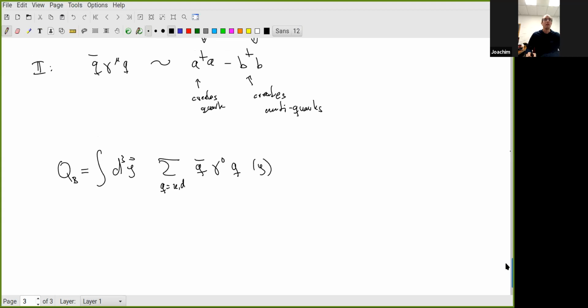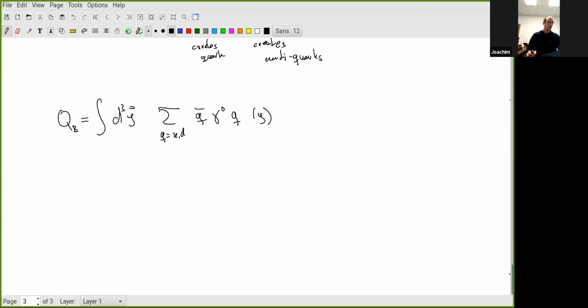But that's the essential idea, that we can recognize this hadronic current as the baryon number. And so this means that we can evaluate this hadronic current.